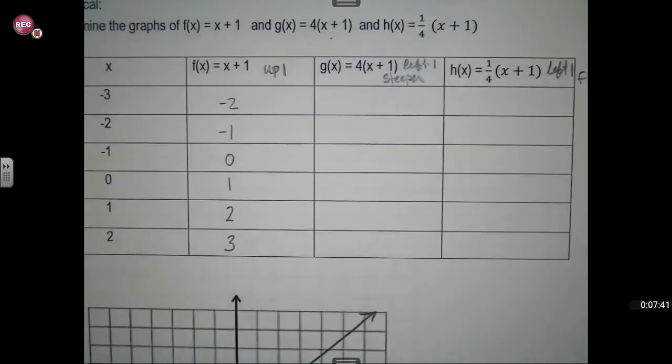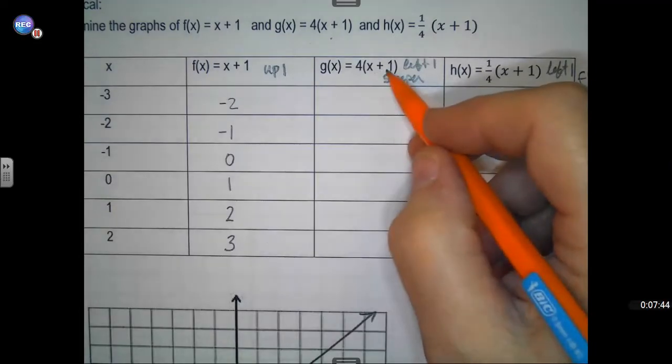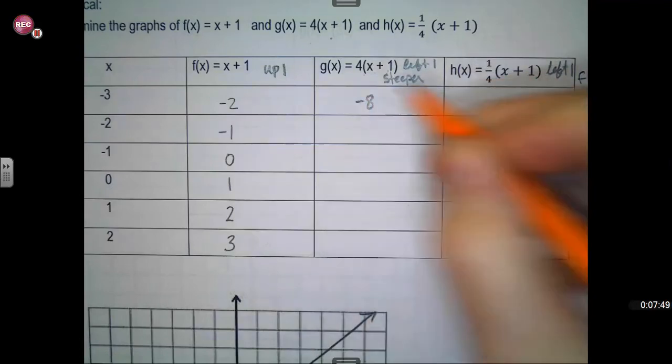The second line: take -3 plus 1, get -2, multiply it by 4, get -8.